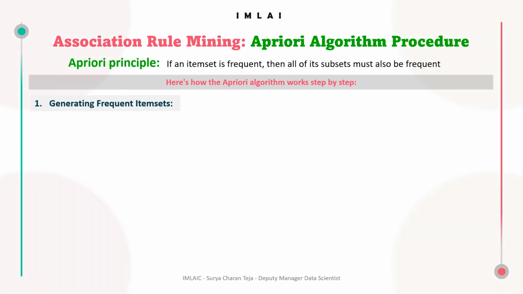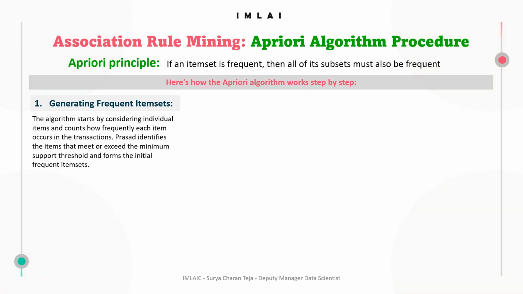Step 1, generating frequent item sets. Prasad begins; he's the shopkeeper of a grocery store. Prasad begins by analyzing his transaction data, which records the purchases made by customers. The first step is to find frequent item sets, which are combinations of items that appear above a certain support threshold, the minimum frequency.